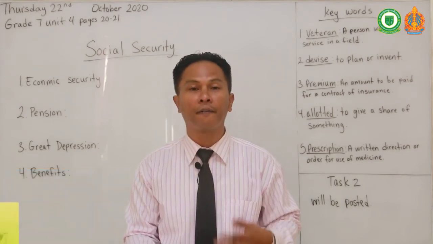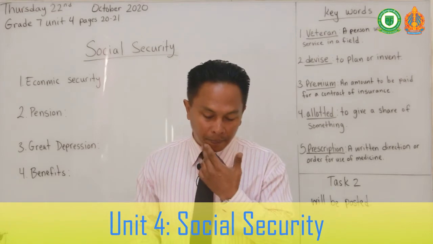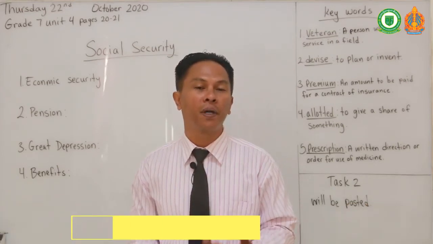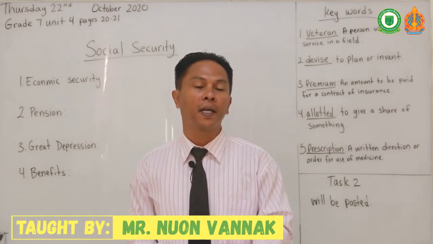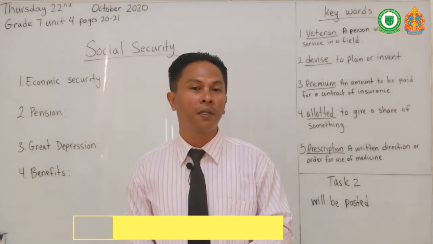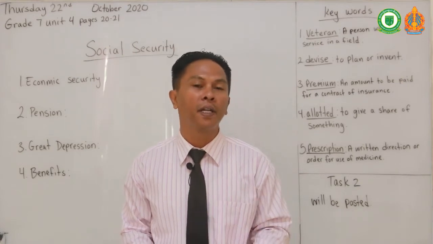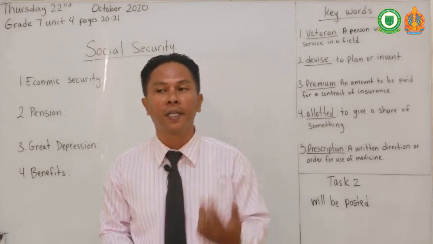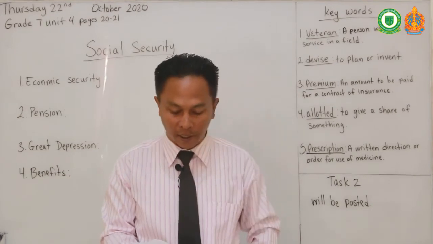And the third benefit is Medicare. Medicare is if you don't make enough money, the government helps you go to the hospital. Medicare pays for the medical bills, but sometimes they don't pay for the whole thing. They only pay a percentage of it. Normally you don't get Medicare until you're at the age of 65, when you're a senior citizen.